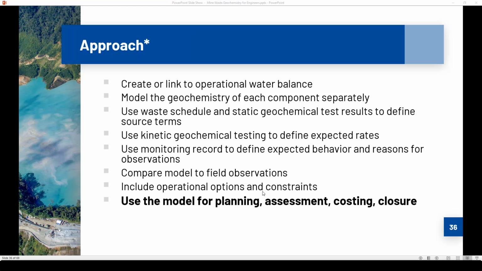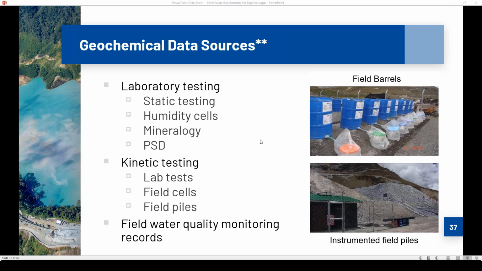And we've been comparing the model predictions to the field observations over time so that the client and ourselves can have confidence that the model predictions provide a valid basis for them to use the model for their planning, assessment, costing and closure considerations. I'm going to run through this relatively quickly, but just circling back to the mine waste characterization. So a lot of testing done here.